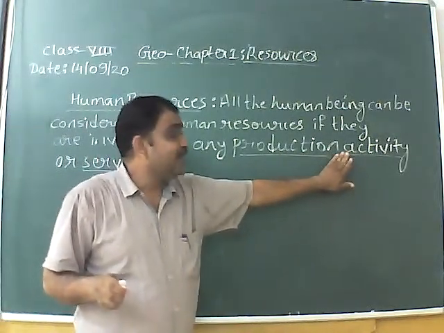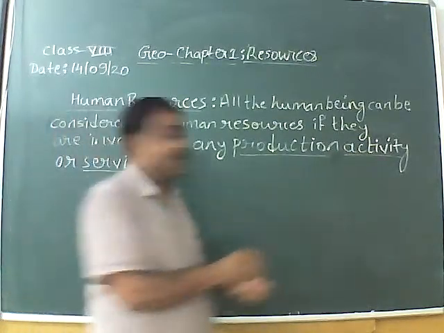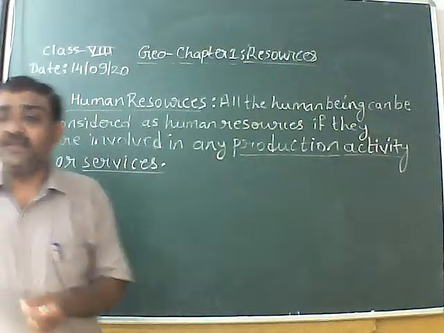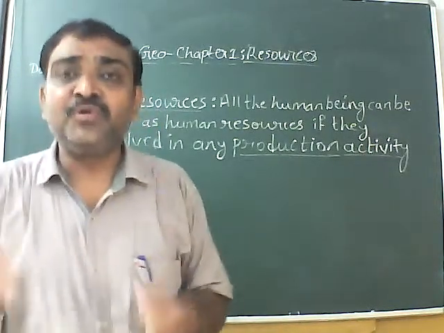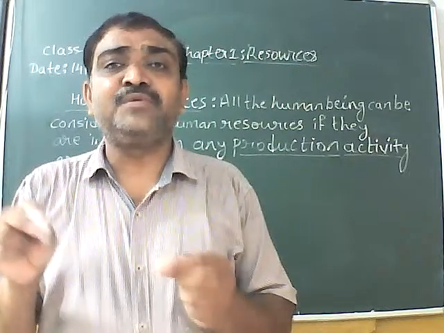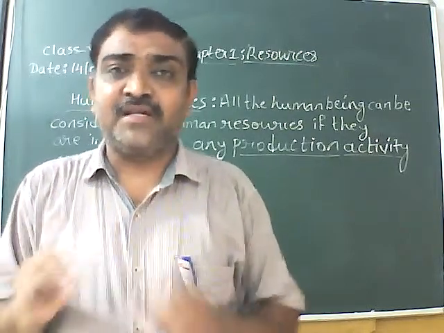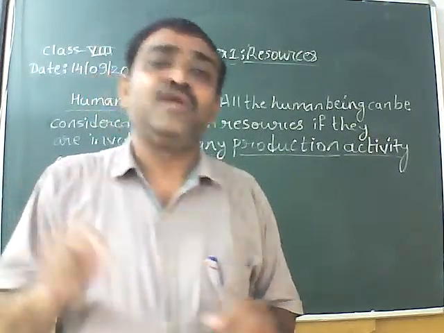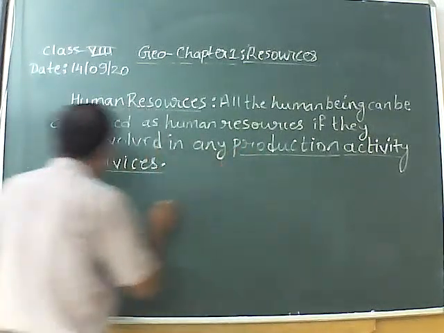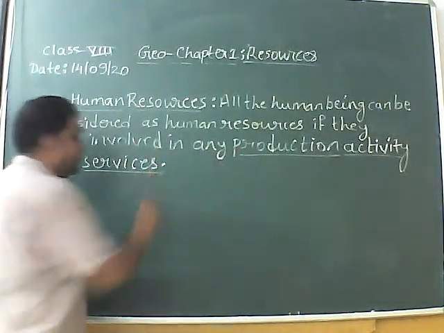The person must be working in any field. उस व्यक्ति को कहीं ना कहीं क्या करना जरूरी है? काम करना जरूरी है. Either in production of any product or in services.